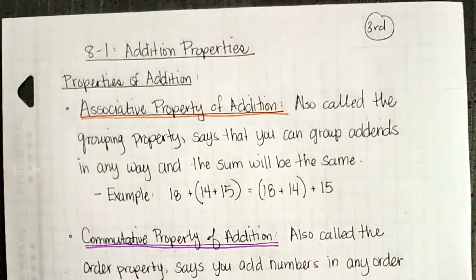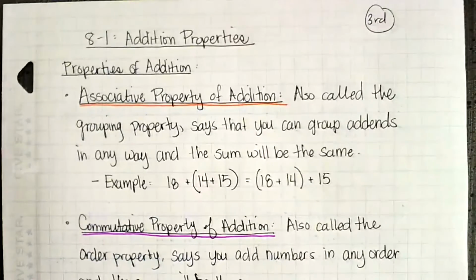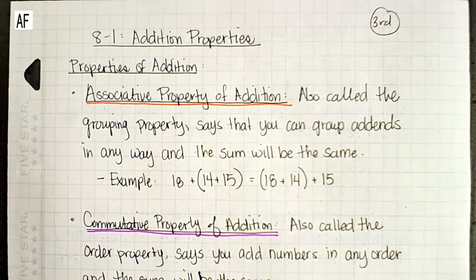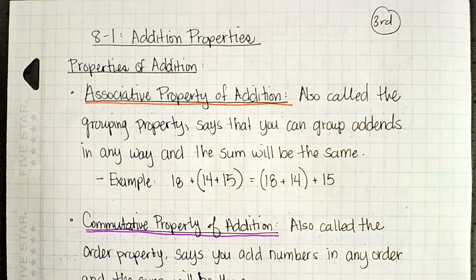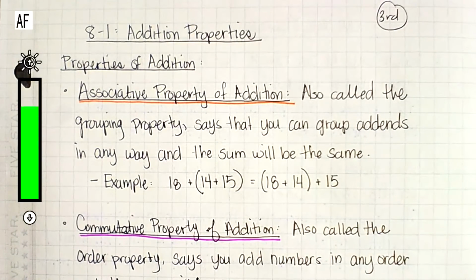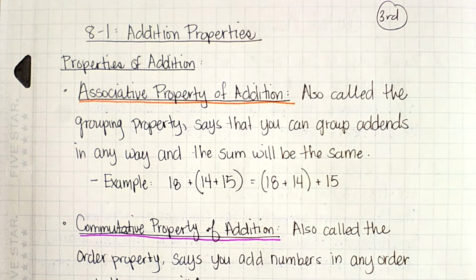So for our notes for this lesson, I put 8-1 at the top, addition properties. The first property we're going to review is the associative property of addition, which is also called the grouping property. The reason it's called the grouping property is because we are using parentheses to show different groups of numbers that we want to add first.